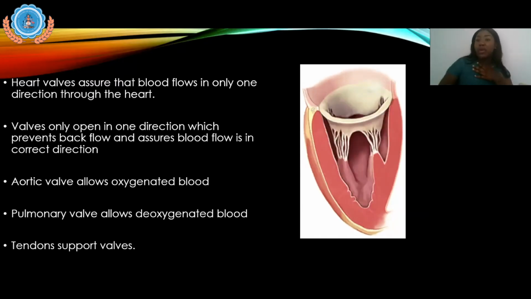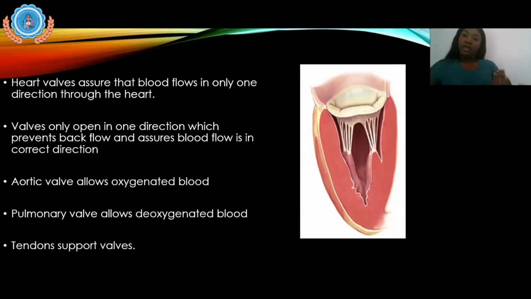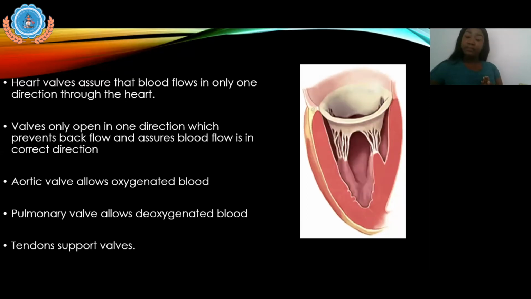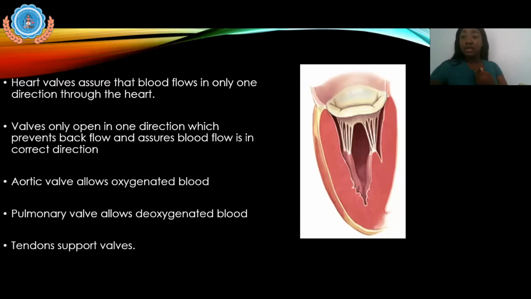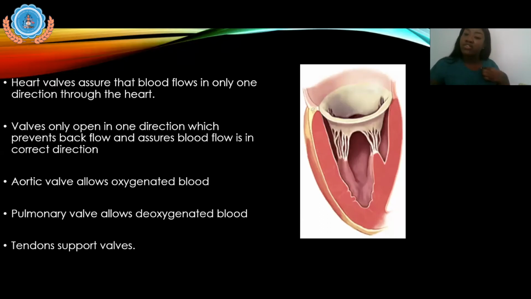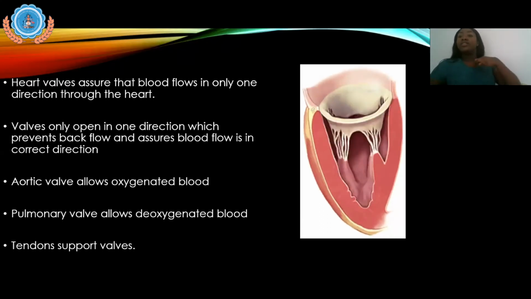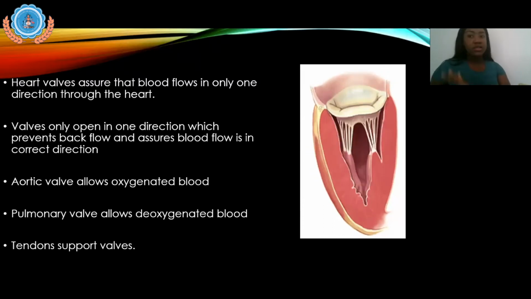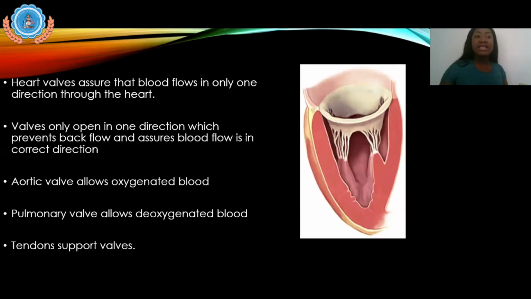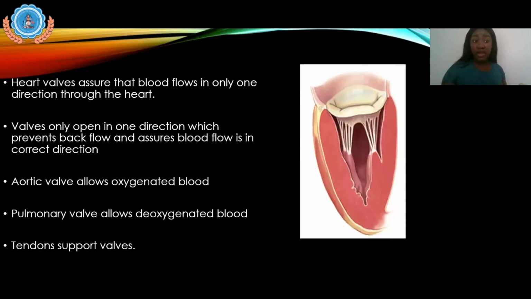So if the vein is going from your right atrium into your lungs, there's a valve there so that the blood does not go back down. It needs to continuously go into your lungs, nowhere else, just the lungs. The valve only opens in one direction, which prevents the backflow, assuring blood is flowing in the correct direction.